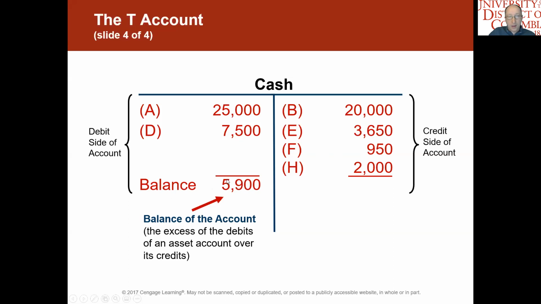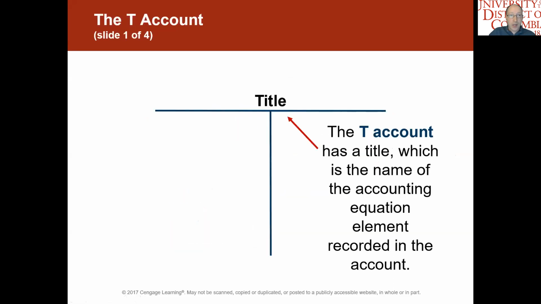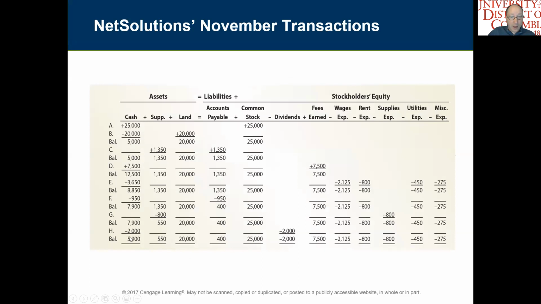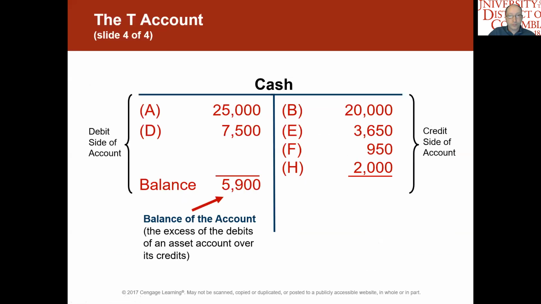That is a debit balance of 5,900. That's what's remaining in the cash account. And you can see that by going back to our example, 5,900 is what was left at the end of all of our transactions. That is the T accounts. Again, the T account is a visual representation of what happens in each account.